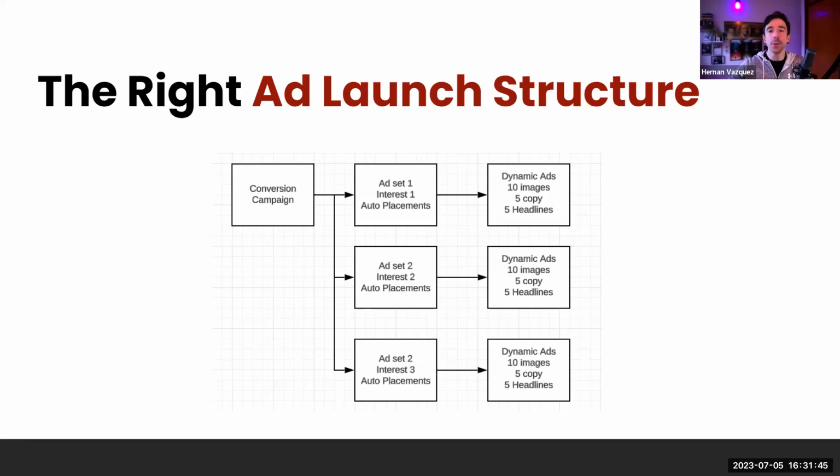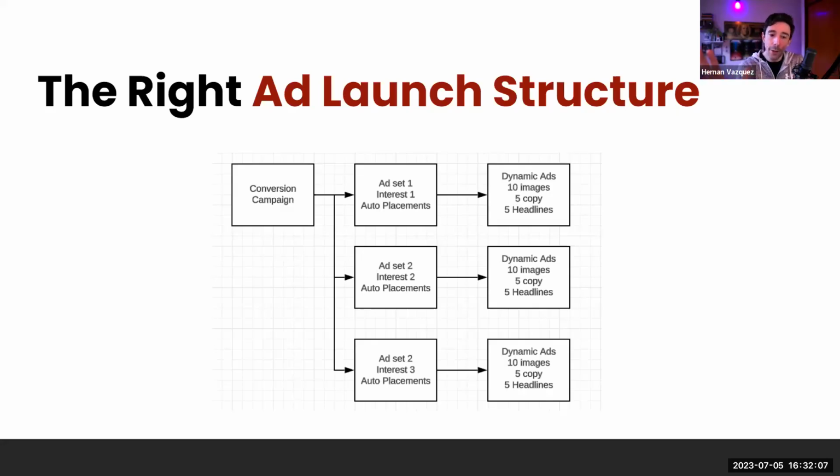And then we're going to let Facebook optimize as much as possible. We're going to have automatic placements, and our best demographics and best countries in there. At the ad level, we're going to be using dynamic ads, because in this case we're testing ads, testing audiences, and testing the funnel all at once.